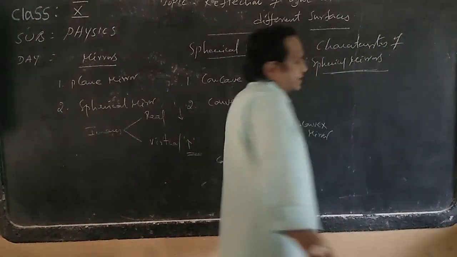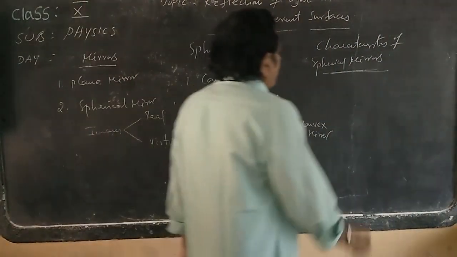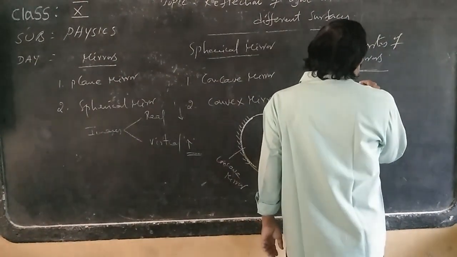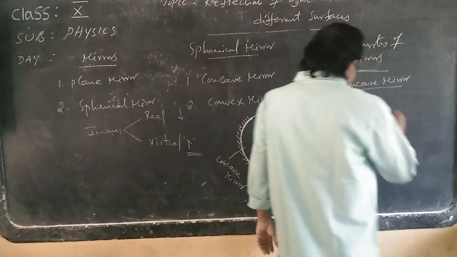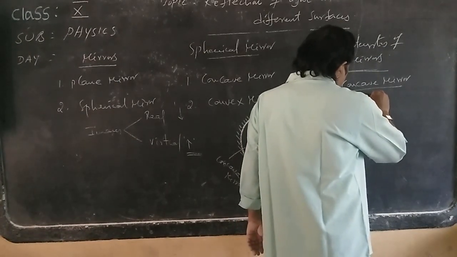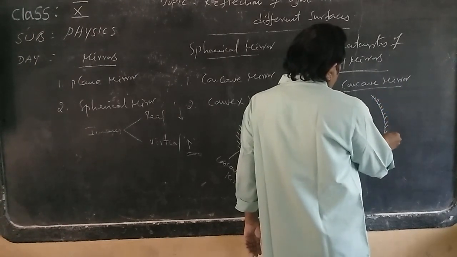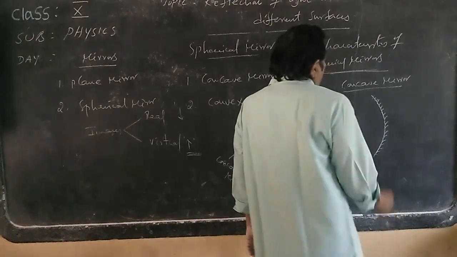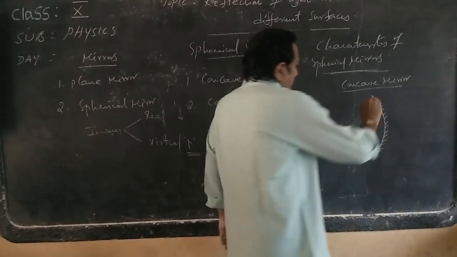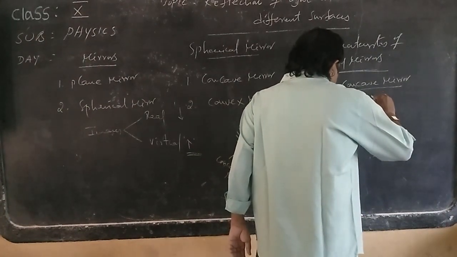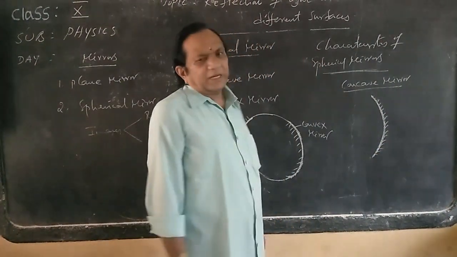We consider concave and convex mirrors here. A concave mirror means inside reflection takes place, and the outside is coated like this. It is not a lens. In a lens, refraction takes place on both surfaces, but here reflection takes place on one side only. Inside only reflection takes place. Such a mirror we call a concave mirror.